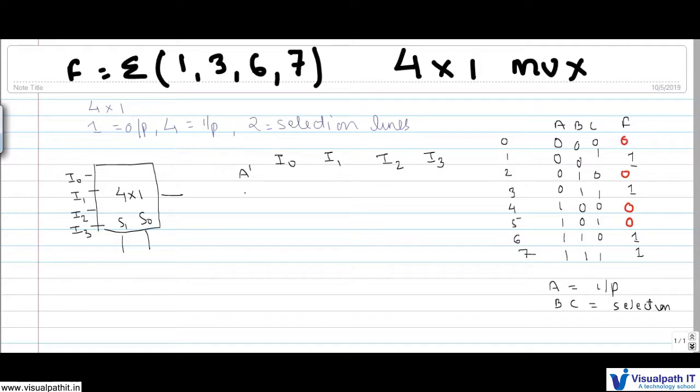So A will be either low or high. It's low here and this is high. So it is 0, 1, 2, 3, 4, 5, 6, 7, right?